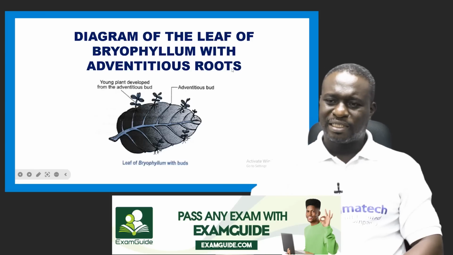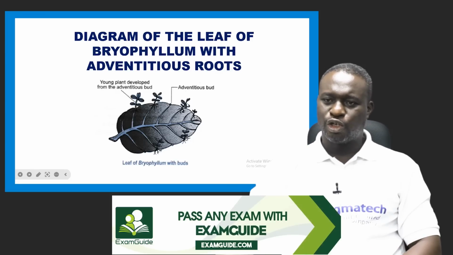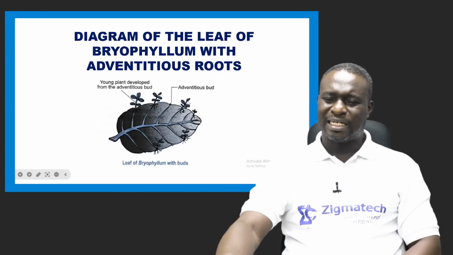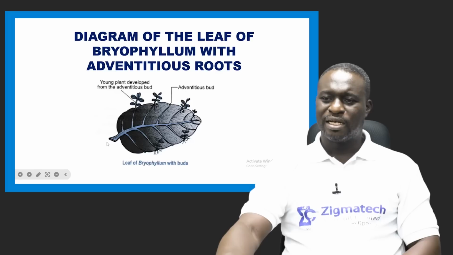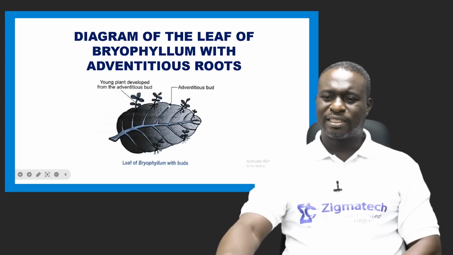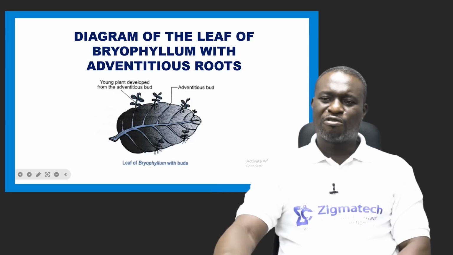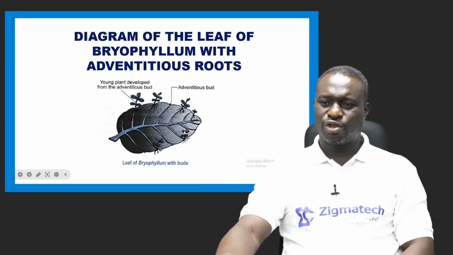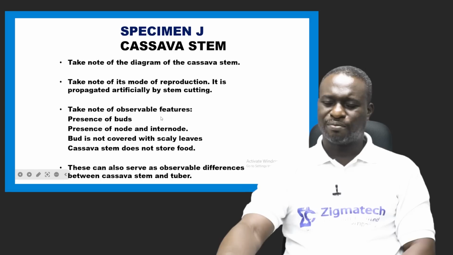You can see beneath these young plants that are developing from the adventitious buds, they possess adventitious roots. You can see here a bud which will give rise to a young plant is developing. So this is the structure of the bryophyllum.